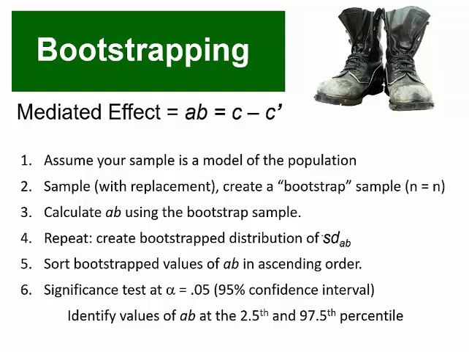So what we're going to do is take all of those bootstrapped values that we created. If we replicated our study 1,000 times in this example, we'll have 1,000 different mediated effects from 1,000 different bootstrap samples. And we're just going to line all those mediated effects up in ascending order from low to high.